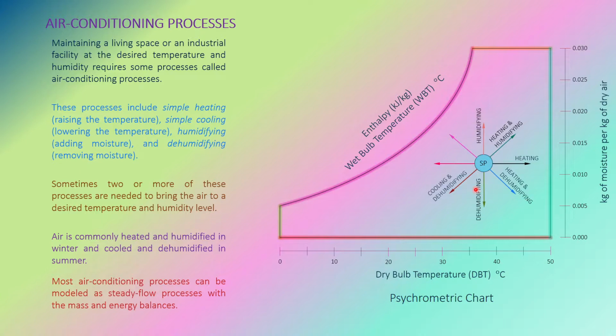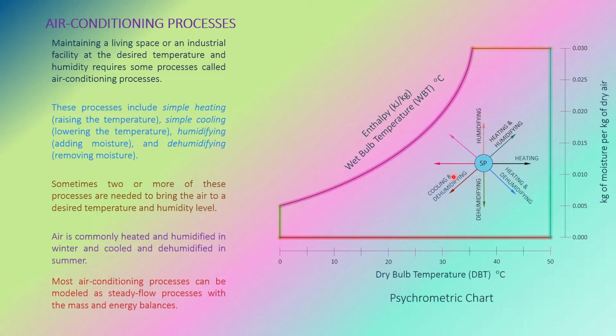Then you have cooling plus dehumidifying. Cooling plus dehumidifying involves cooling of the air until it becomes saturated. When we say air is saturated, that means it no longer can take in any more moisture or water vapor.